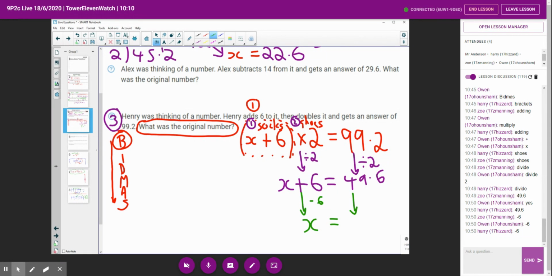I've got to do the same. If I'm subtracting 6 from the left-hand side, I've got to subtract 6 from the right-hand side. So, guys, in the chat, 49.6, subtract 6. What answer are we going to get?